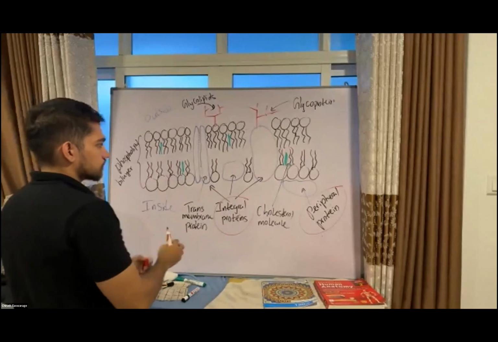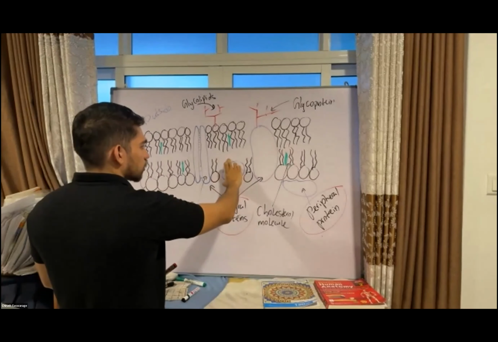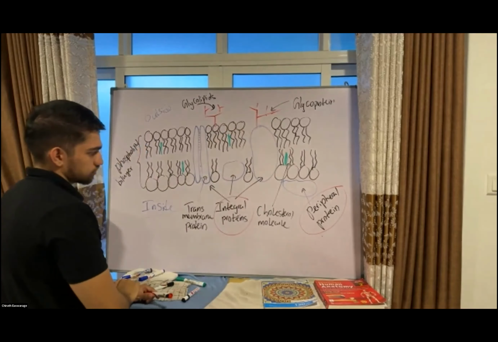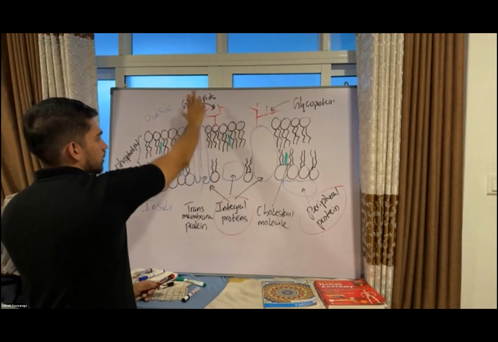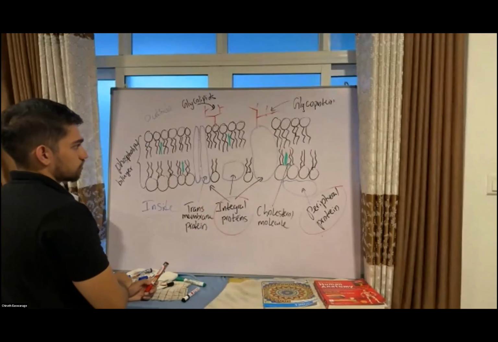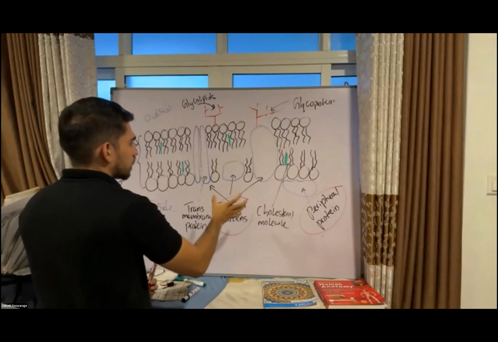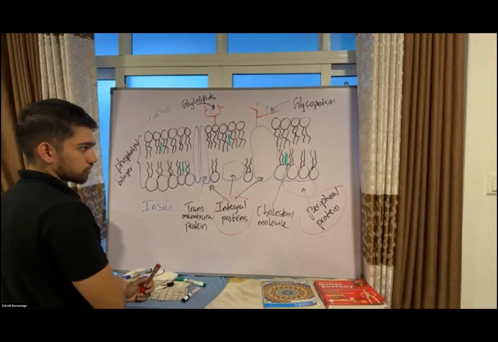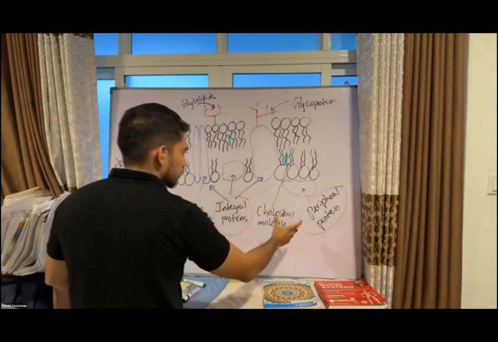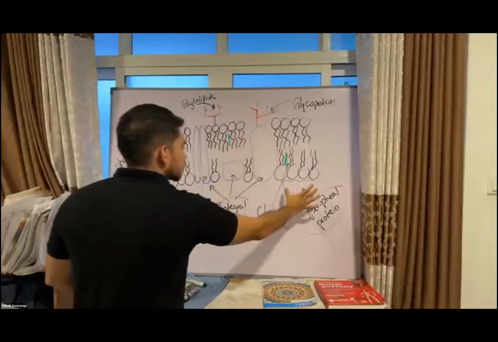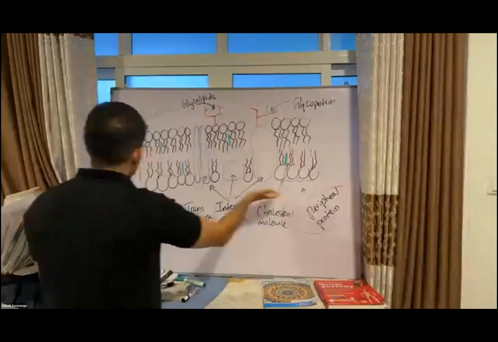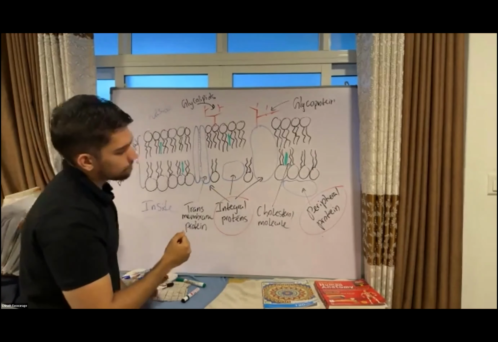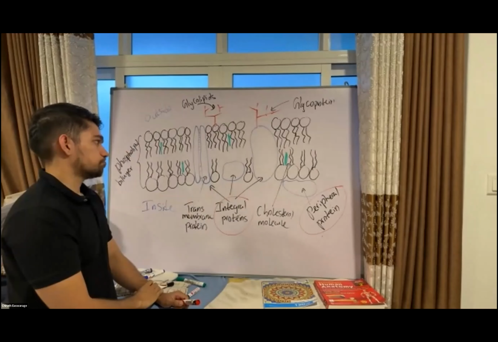You can see this one is only about halfway. This one is even a bit taller than that. This one is going the entire full thickness, right? So no matter how tall they are, they are all called integral proteins. But this peripheral protein is not actually inside, it's just stuck to the phospholipid bilayer. So therefore, it is called a peripheral protein.